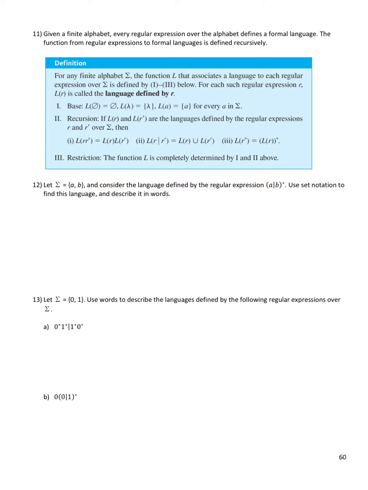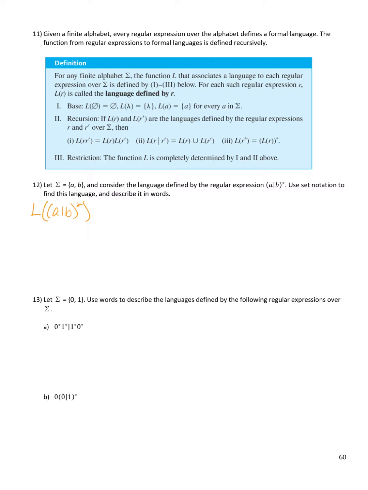So I'm looking for the language of this expression (A or B) star. And now I'm going to use these rules about languages to see if I can simplify this.